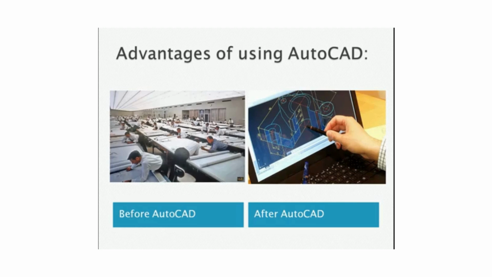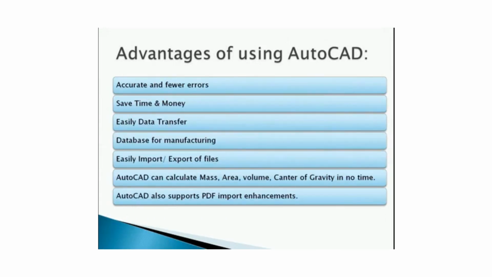After implementing AutoCAD, it is very easy to design or draft or make any changes to the drawing. You can see here the first and major advantage of using AutoCAD. So now we will see other advantages of using AutoCAD.